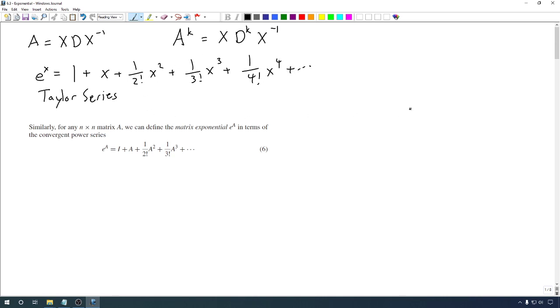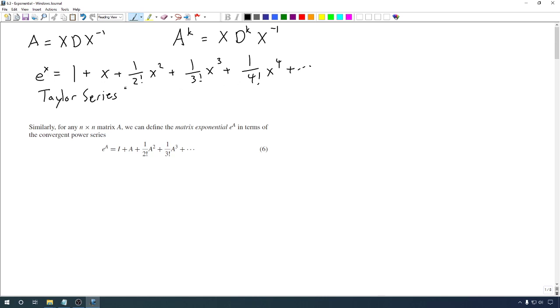This just keeps going. If we have any real number x, we can plug it in here and we get a result. And that result agrees with what we expect e to the x to be in all cases. Of course, not all Taylor series converge for all x's, but the Taylor series for e to the x does.